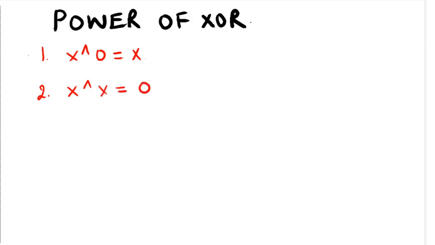This can be verified by the table that was shown in the bit manipulation video, where the two numbers are A and B, and these two can take only binary values like 0 or 1. So there will be 4 possible combinations: 0,0; 0,1; 1,0; and 1,1.